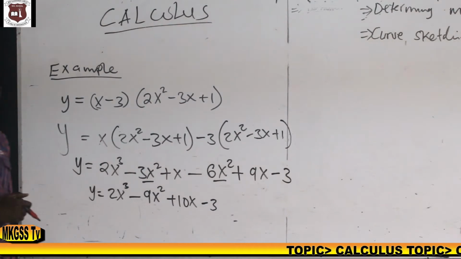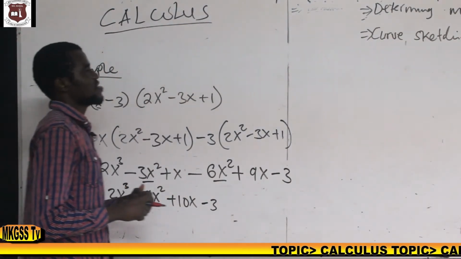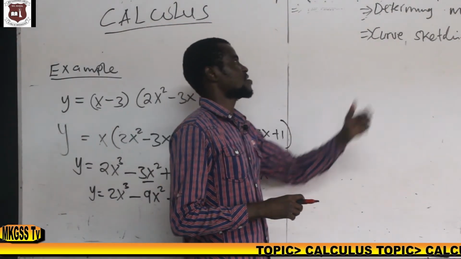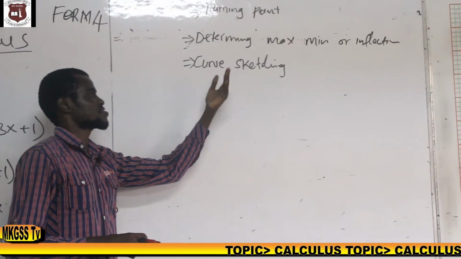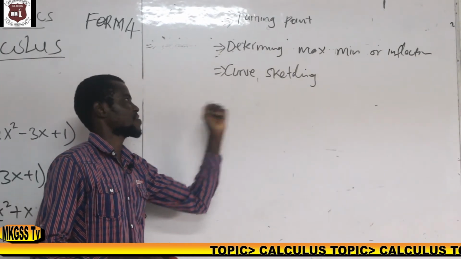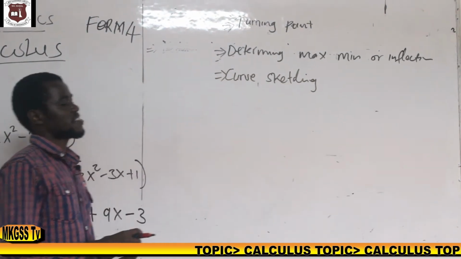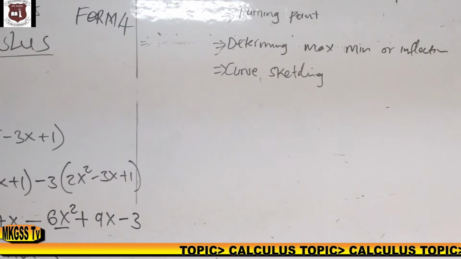So we want to answer the three areas that we have listed. That is turning point, determining whether the point is maximum, minimum, or point of inflection. Then finally, you sketch the curve. So therefore, we proceed.